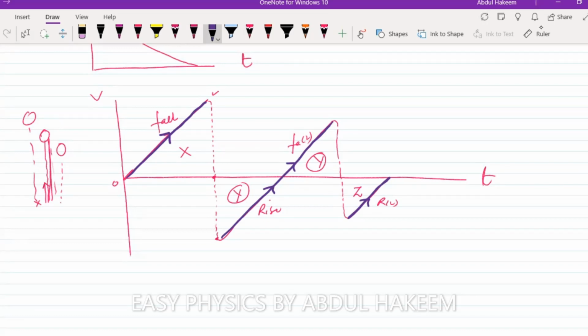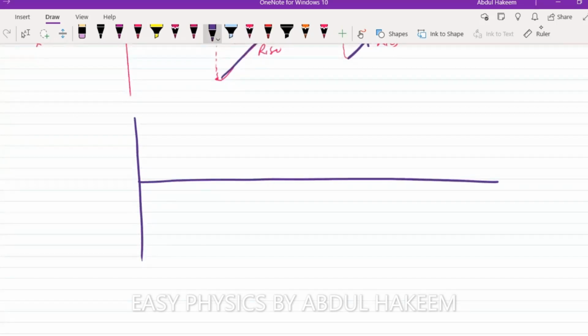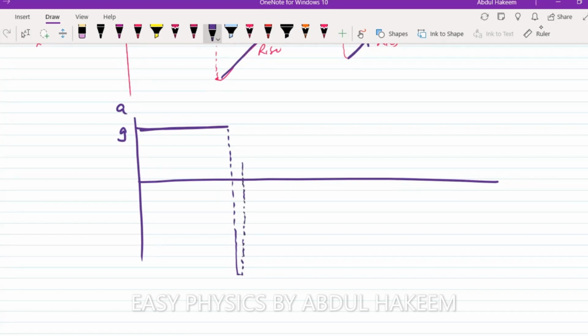And then if the graph is plotted for the acceleration, this acceleration is initially a constant g. When it hits the ground, it retards to rest and accelerates in the opposite direction. For that short period of time, the acceleration is negative, meaning during the contact with the ground, it has negative acceleration.